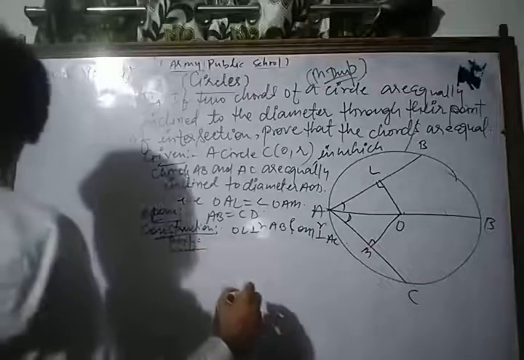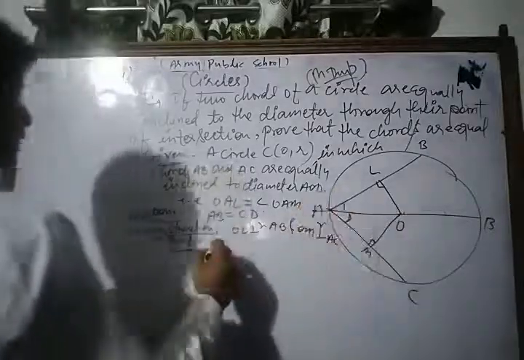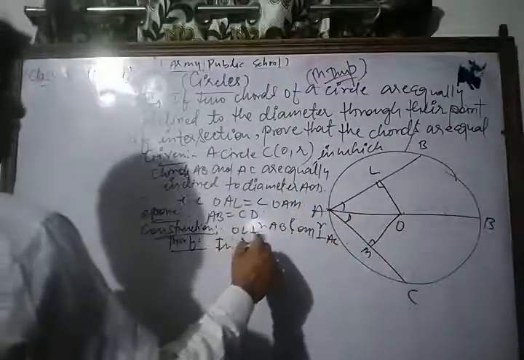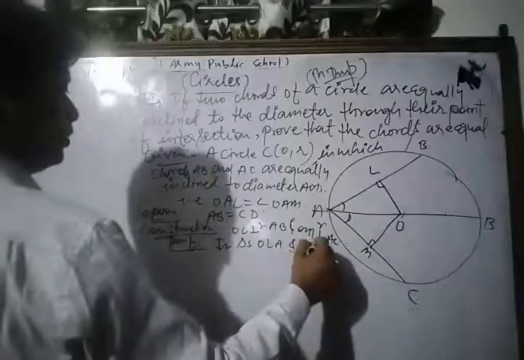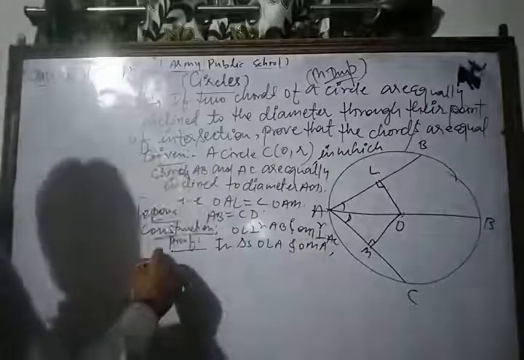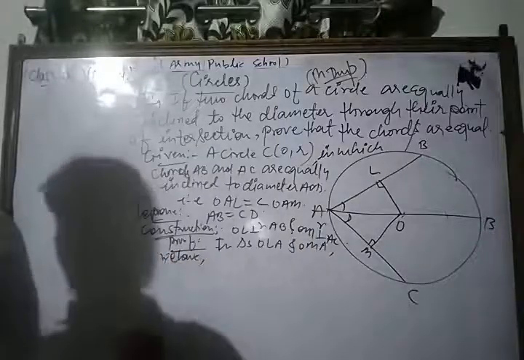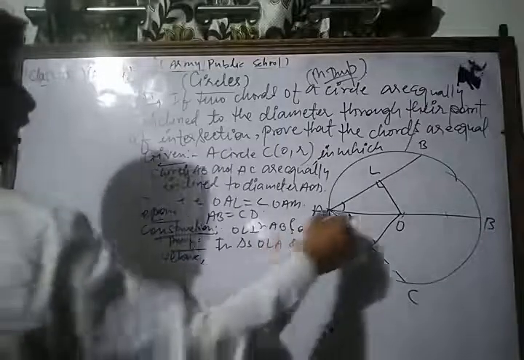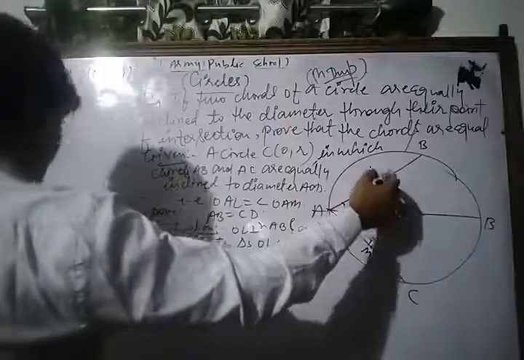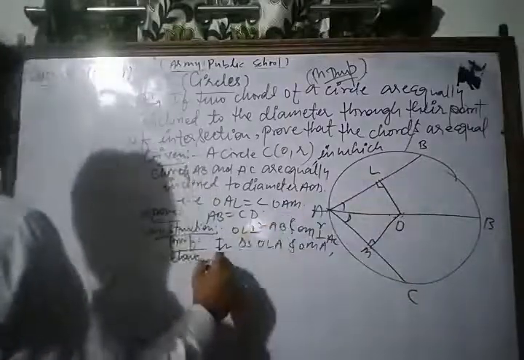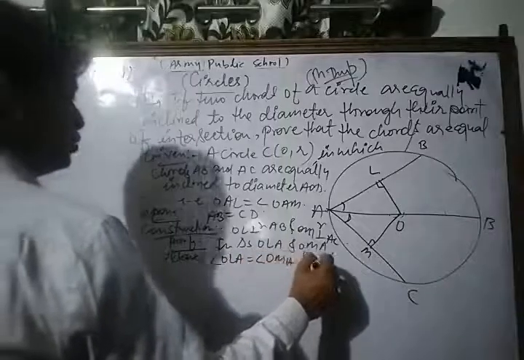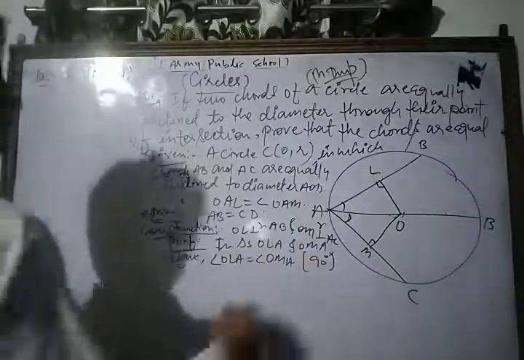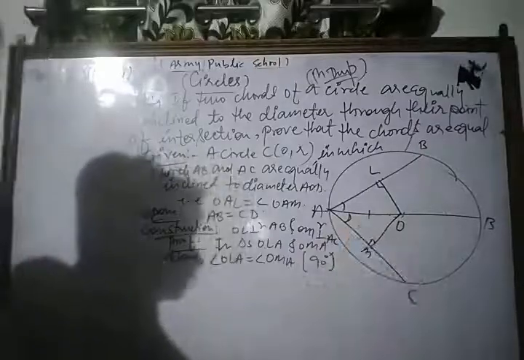Now in triangles OLA and OMA, we have angle OLA equal to angle OMA, equal to 90 degrees. And OA is common in both the triangles.